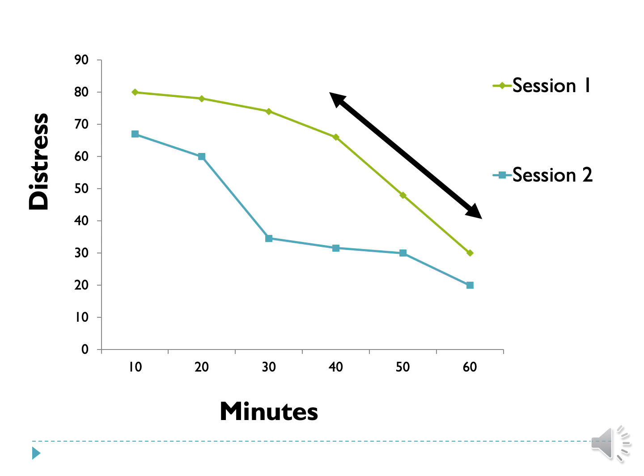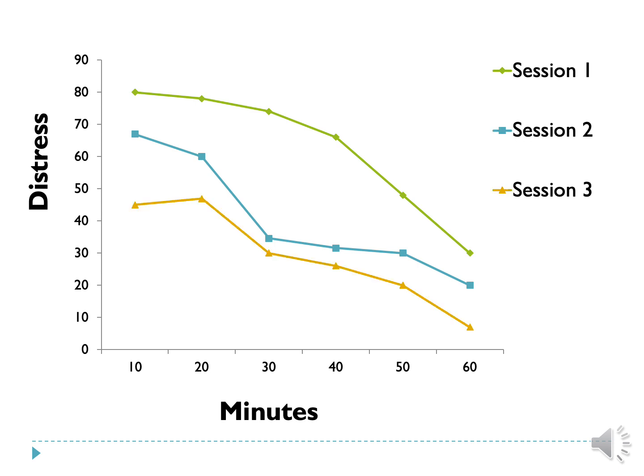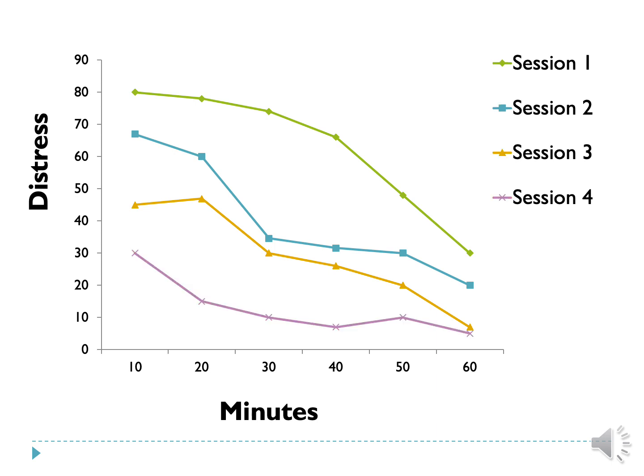But if we do exposure again to touching the floor, we also get that nice habituation within the session, but we can also see there's between-session habituation. The person never gets as anxious or as distressed as they were during the first exposure. And so over time, theoretically, the distress level comes down each time you do exposure. And again, that's habituation.